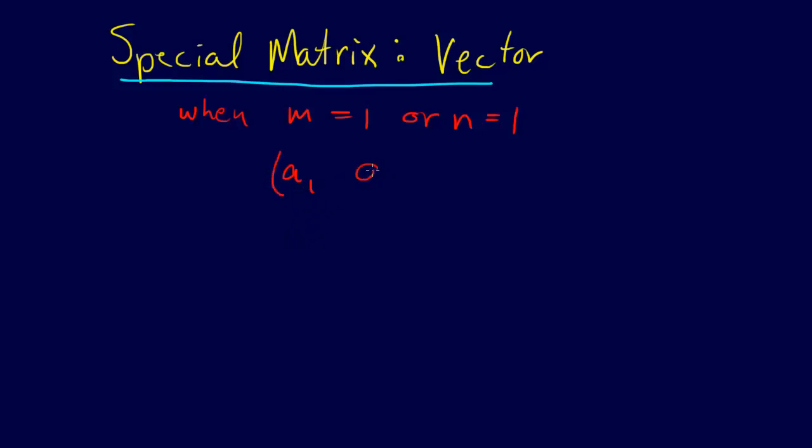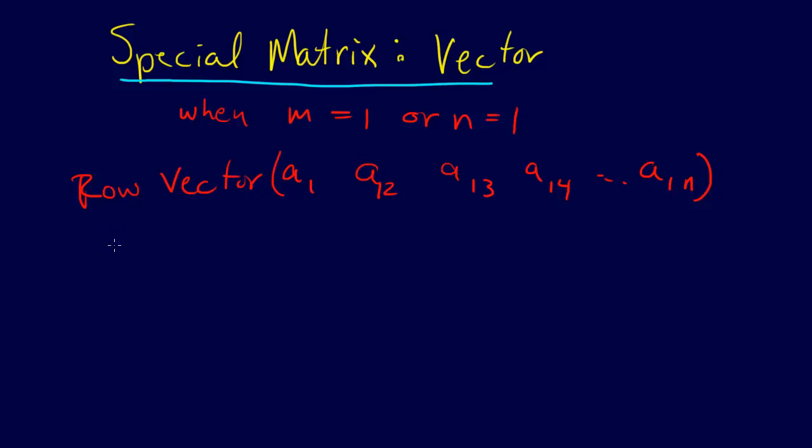So then we can have a 1 2, a 1 3, a 1 4, all the way to a 1 n. Excuse me, not m, but n, a1n, because n isn't equal to 1. And so this is a row vector.